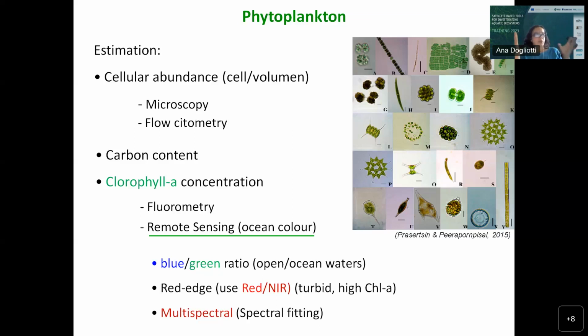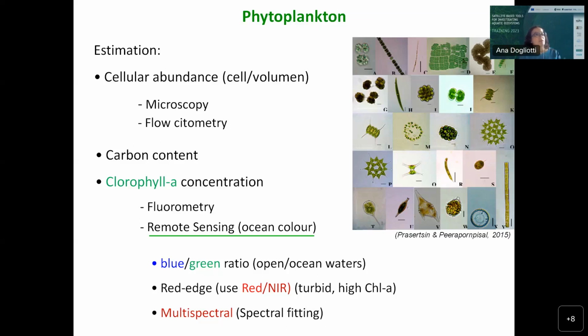One is the most used, especially in open ocean waters: the blue-green ratio, which I will talk about. In more coastal or turbid waters, it doesn't work. You will probably see this in later modules when they talk about coastal waters. There you usually use other bands, the red and infrared part of the spectrum. And then you have another type of algorithm that uses the whole spectrum to retrieve the chlorophyll concentration.